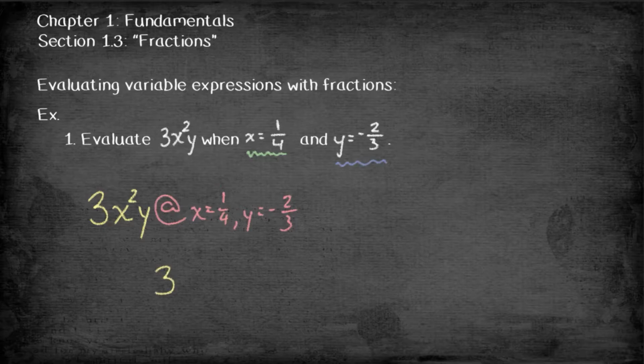So that gives me 3, and remember that the x is 1/4. 3 times 1/4, which is squared, times y, which is negative 2/3.